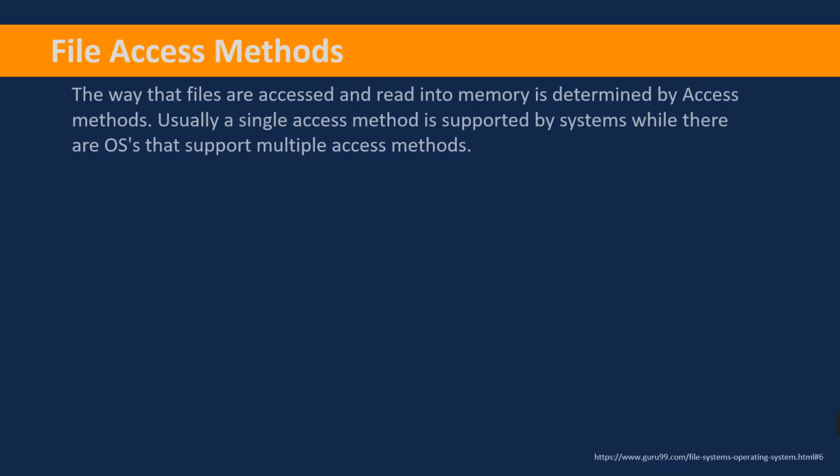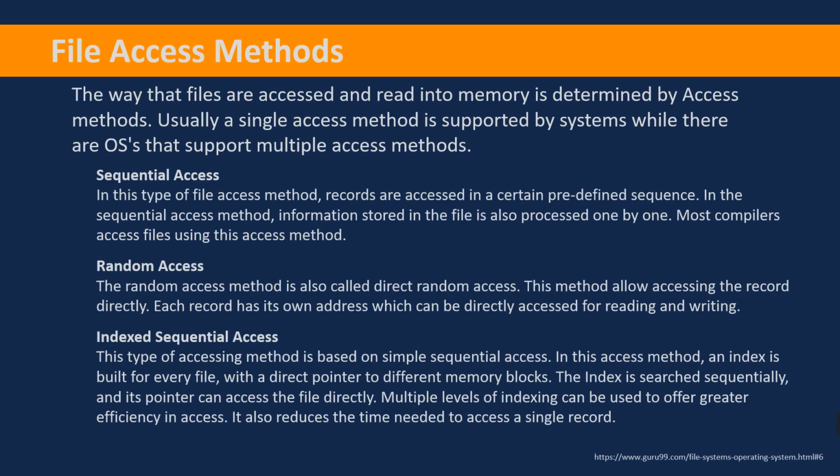File access method. The way that files are accessed and read into memory is determined by access methods. Usually a single access method is supported by systems, while there are OSs that support multiple access methods. So these are the frequently used access methods. First one is sequential access. In this type of file access method, records are accessed in a certain predefined sequence.